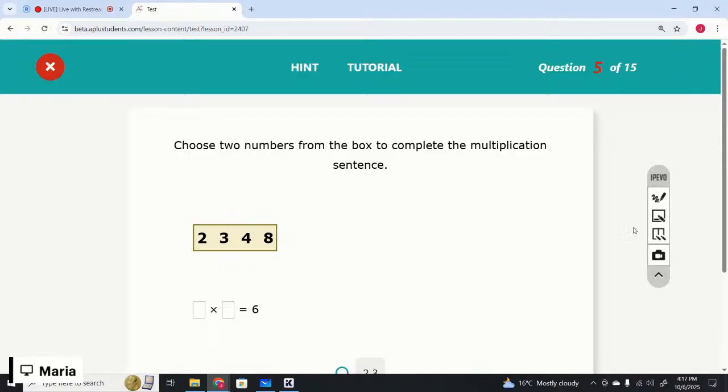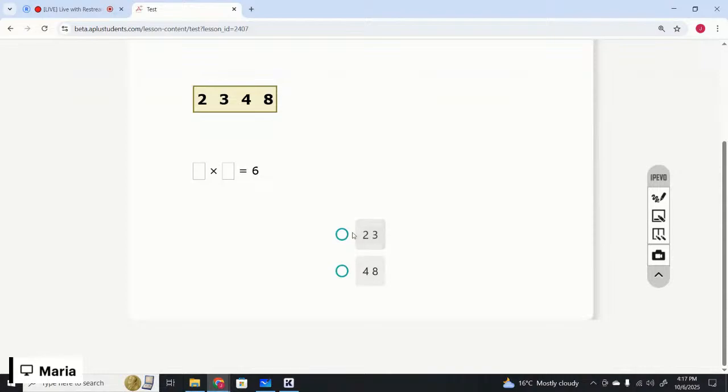That is 2 times 3. Option number 1 is the correct option. 2 times 3 is 6.